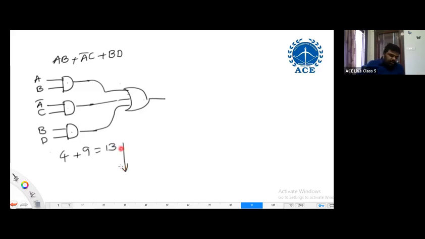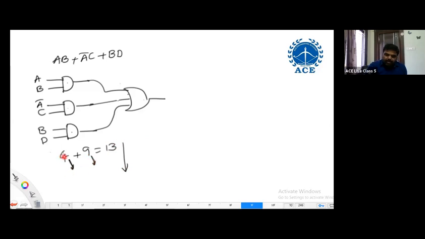To reduce this number, we can reduce either this number or this number also. See correctly. Our aim is to reduce the complexity. This number is indicating complexity. You can reduce either this or this.